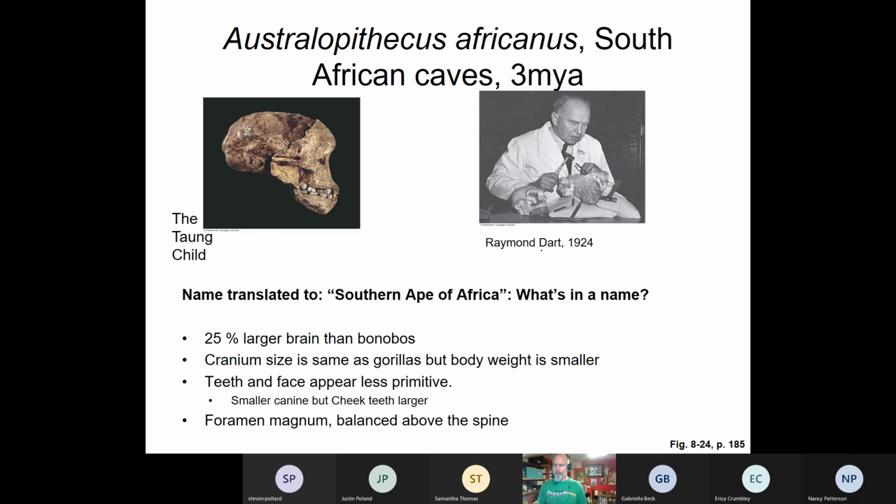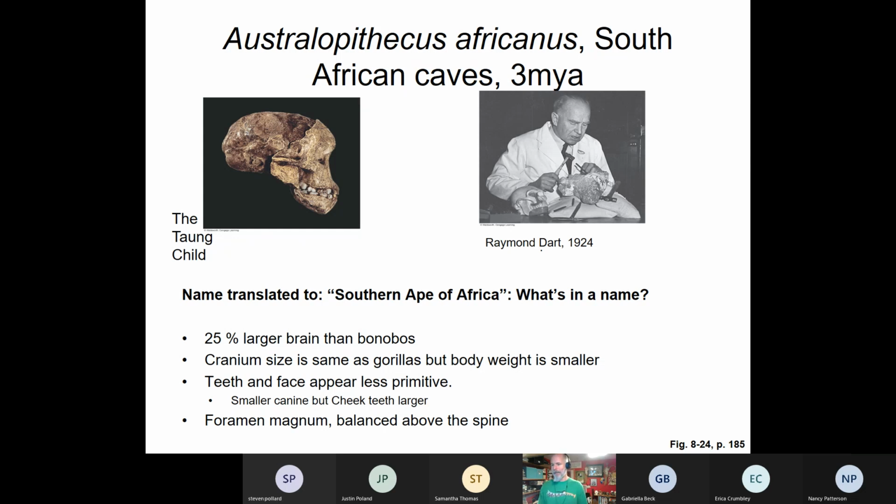Before this finding, it was thought that Homo and our lineage had evolved in Asia. So this was a major, controversial finding, debated as to whether or not this was actually a hominin.